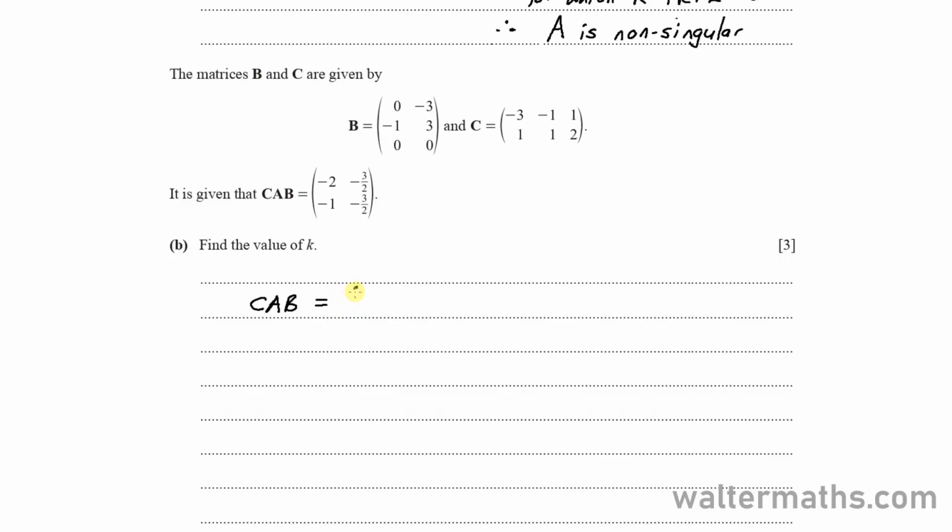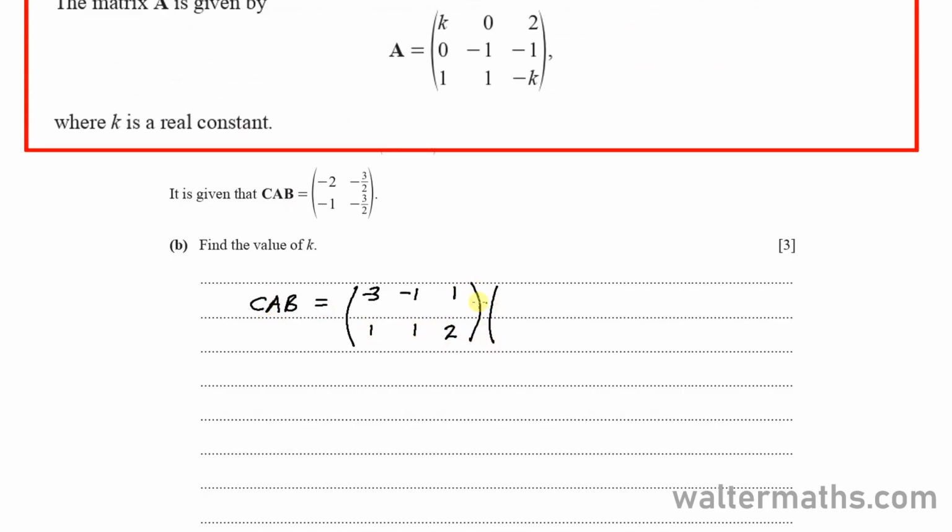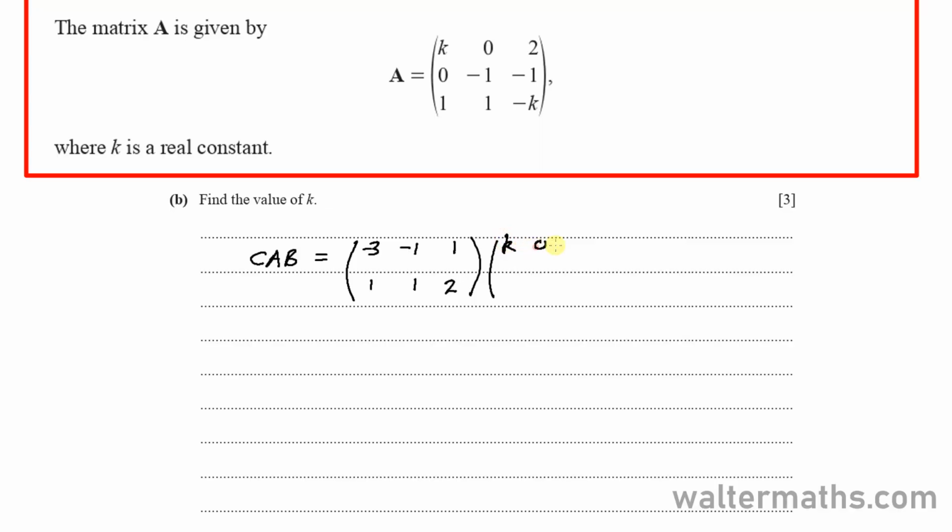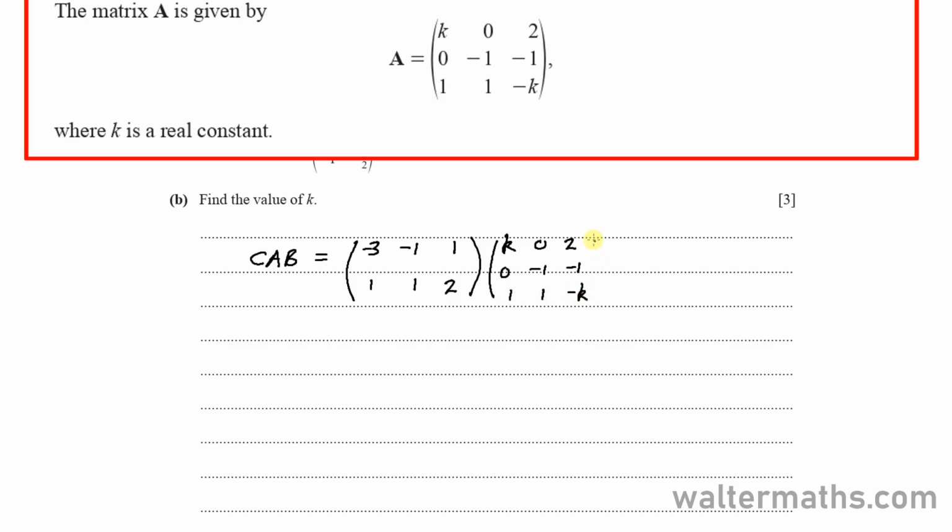Now the matrix C is this matrix with elements minus 3, minus 1, 1, then 1, 1, and 2. And it's multiplying the matrix A with elements k, 0, 2, 0, minus 1, minus 1, then 1, 1, and minus k.